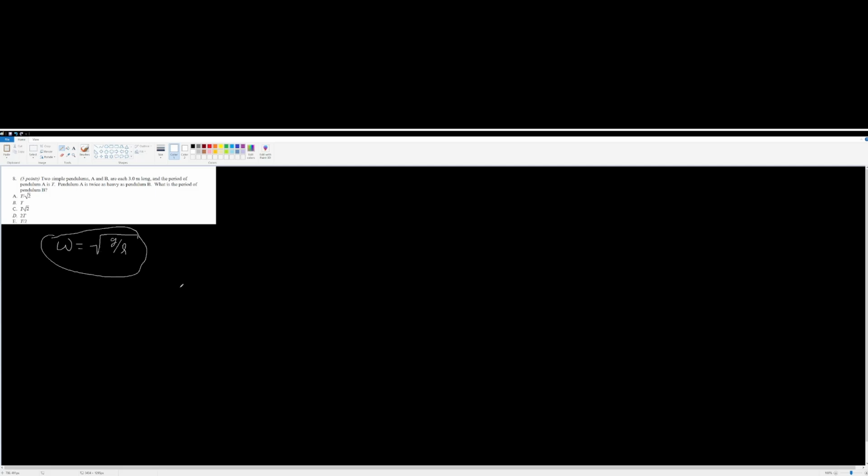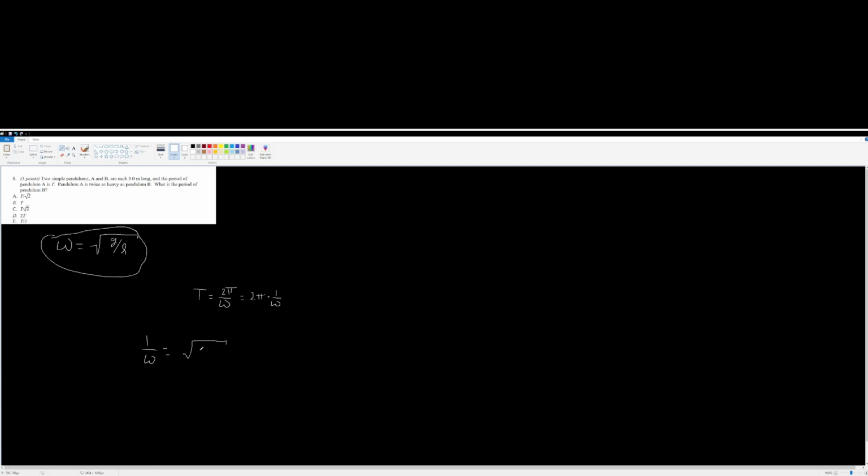of the pendulum. We also know that the period is 2 pi divided by omega, or we can say, to parse it out here, 2 pi times 1 over omega. 1 over omega is just going to involve swapping the fraction here under the square root.